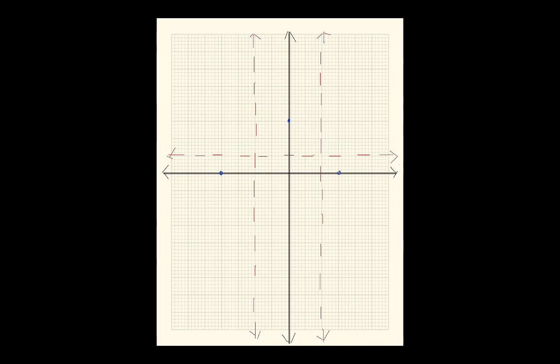Okay, so this will look like that. This is a weird parabolic thing here. And then this follows my asymptotes there. Okay, so that is my graph.